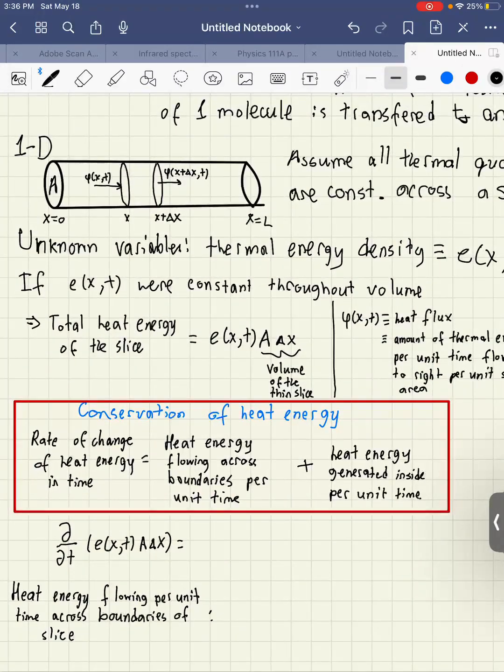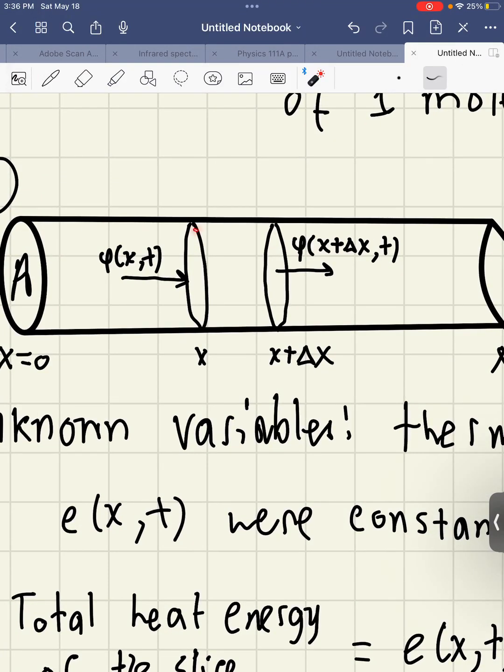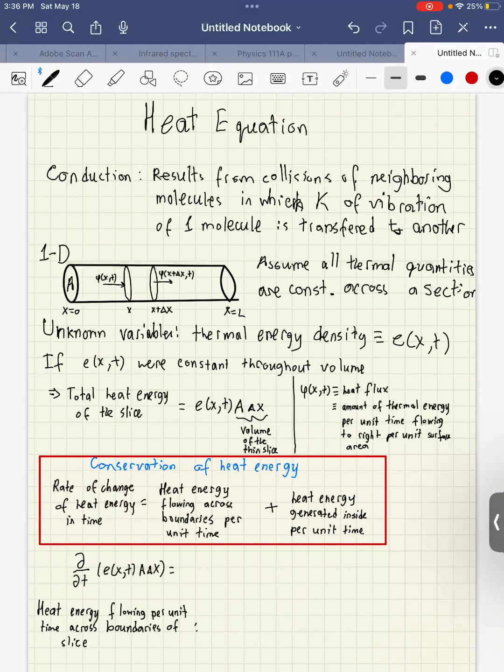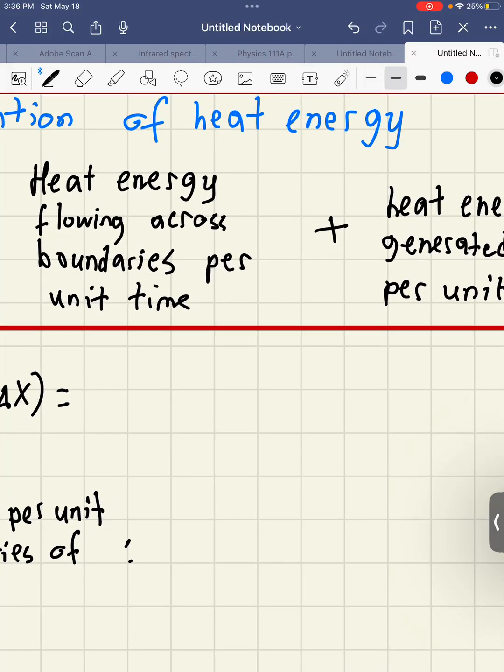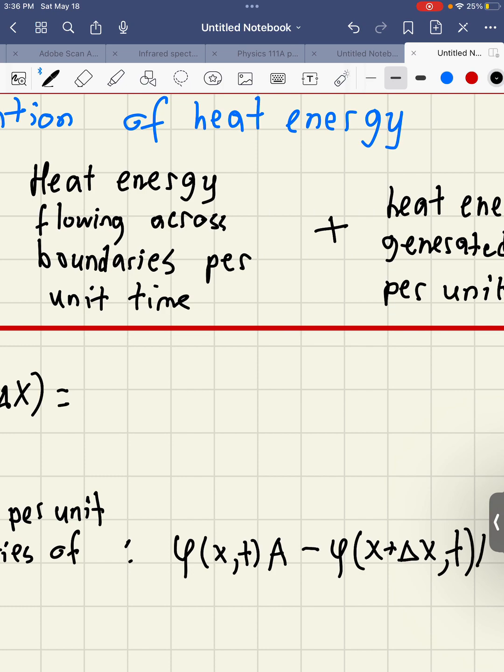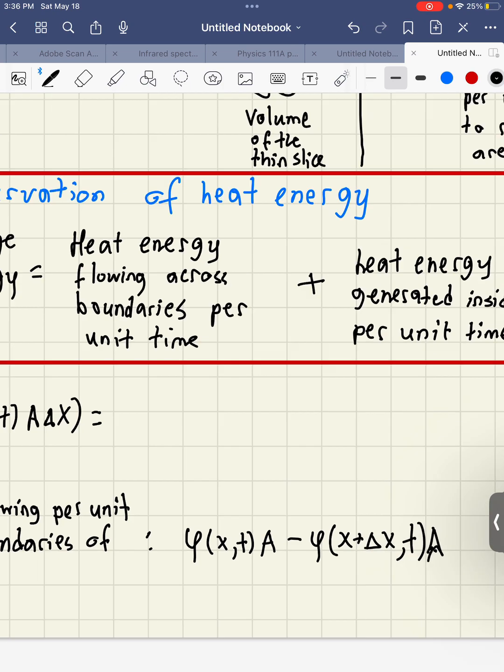Now, as we agreed, at this boundary the heat flux is entering our slice, and at this boundary the heat flux is leaving, so our total heat energy flowing per unit of time across those boundaries is going to be phi of x, t times the area minus phi of x plus delta x times the area, since we chose our cross-section area to be constant.